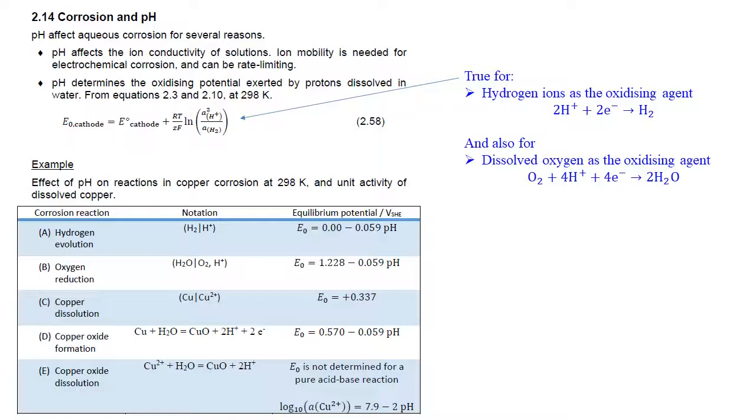Now, pH strongly affects the ion conductivity of solutions, so in the case of neutral pH 7 solutions like fairly pure water, often those might be an environment where corrosion is quite slow because the overall process is rate limited by slow ion transport. Conversely, strong acids and strong alkalis can have high ion conductivities, and those are environments in which there might well be no rate limiting from ion conductivity, and there can be quite fast corrosion.